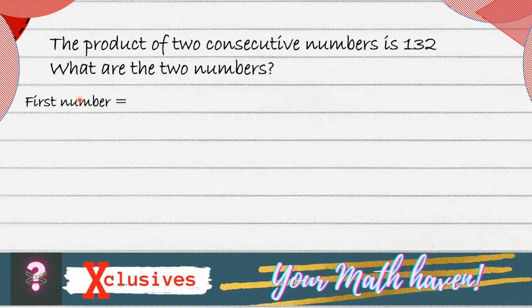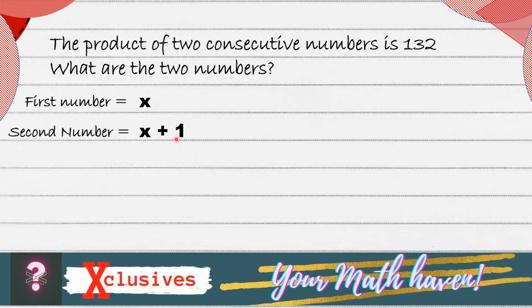We will have a first number and a second number. Since they are consecutive, our first number is x, and the number next to x is x plus 1.